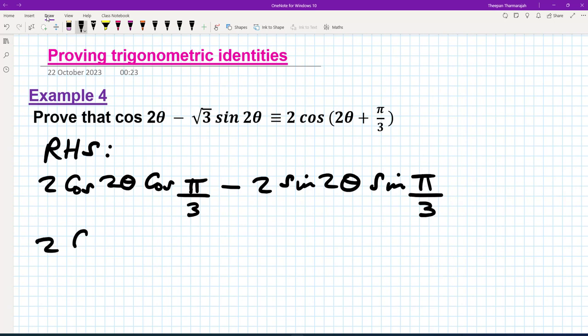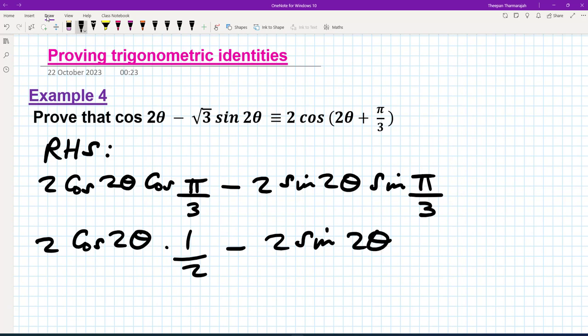So we can say that's 2 cos 2 theta, or cos 60 is a half, minus 2 sine 2 theta and sine 60, which is pi over 3, is root 3 over 2. Just as in the previous video, we can cancel these out.